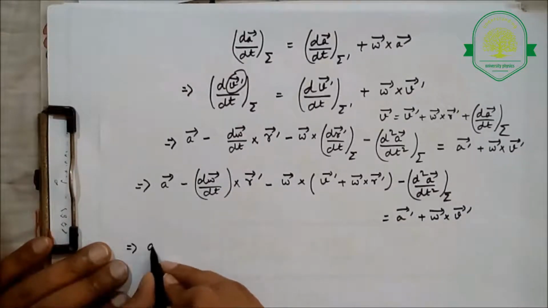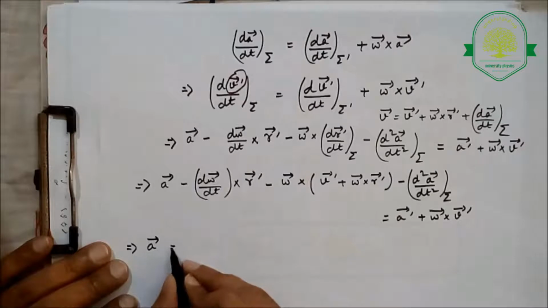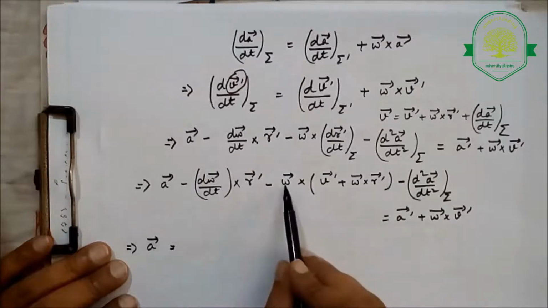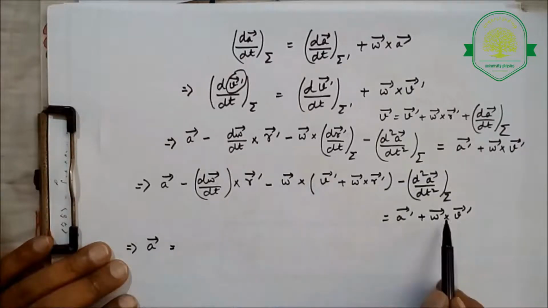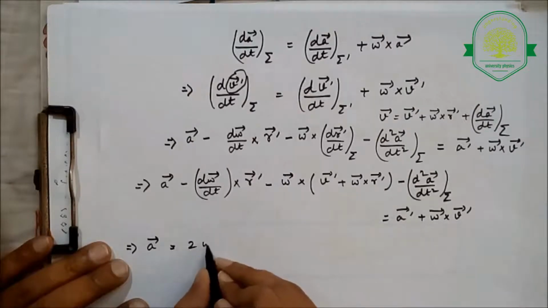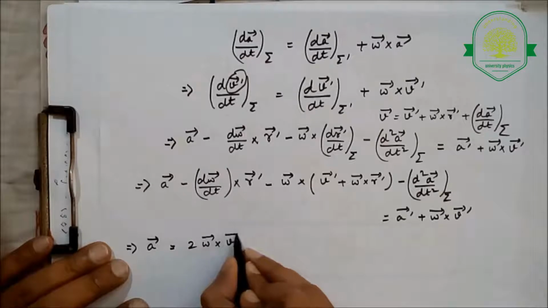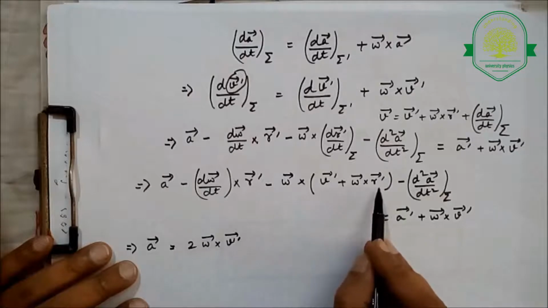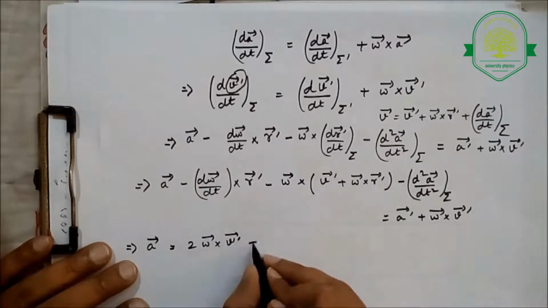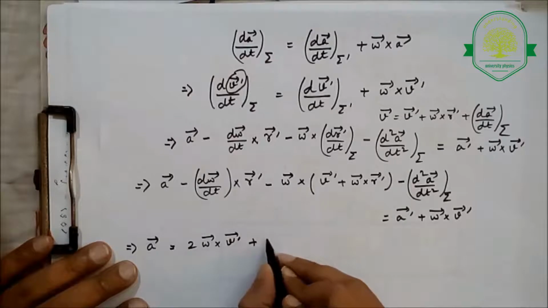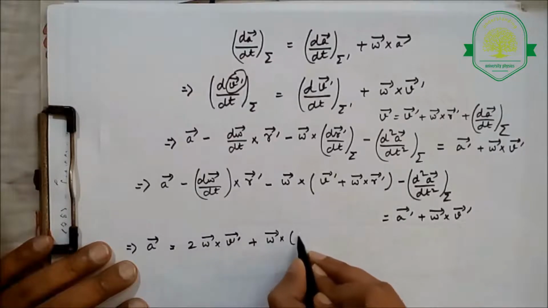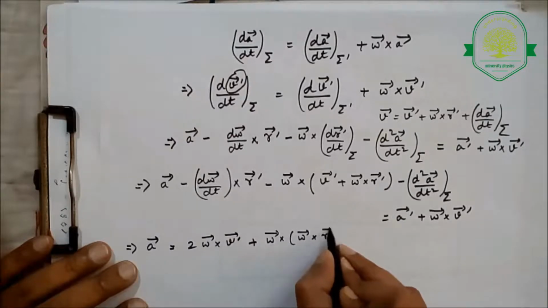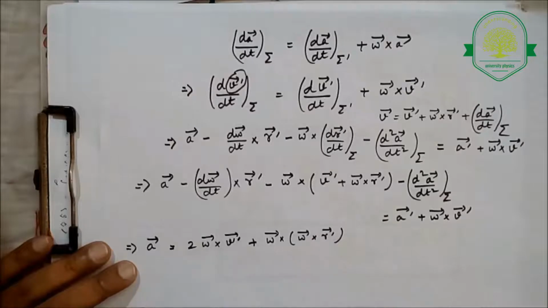Let me keep only a on the left hand side and bring the rest of the terms to the other side. This is minus omega cross v primed. I have a plus omega cross v primed here. So on the right hand side I get 2 omega cross v primed. I have a minus omega cross omega cross r primed. Let me take that to the right hand side, so I get omega cross omega cross r primed with a plus sign out in front.